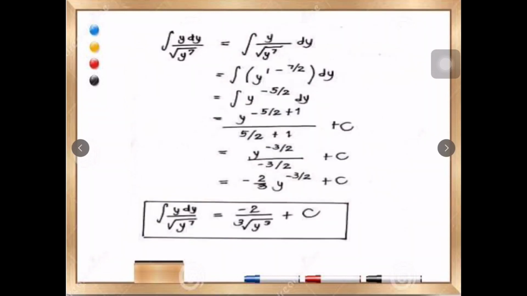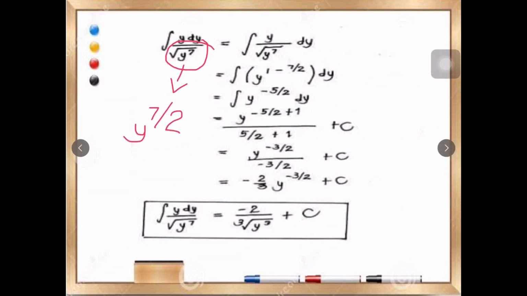Next, the integral of y dy over the square root of y raised to 7. We know again that this is equivalent to y raised to 7 over 2.